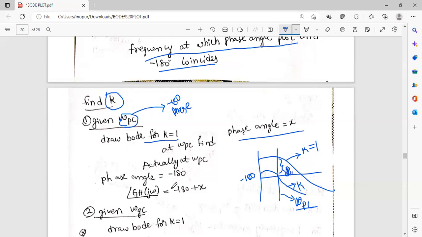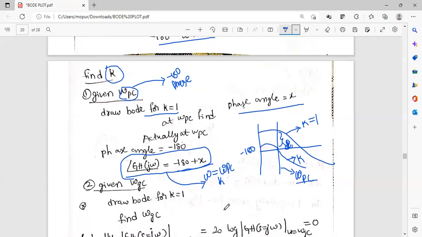You just equate minus 180 plus x to this phase angle equation. From this, you will get the value of k. In this, you can keep omega equal to omega PC, and you can find the value of k. This is how to find k when the phase crossover frequency is given.